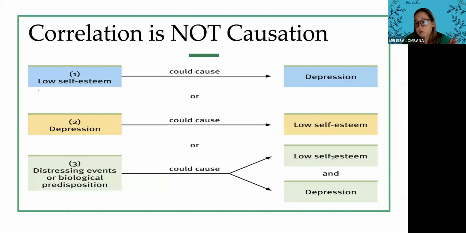So we don't know, right, it's not a cause and effect. The only way, again, that I could do that is through an experiment. This is just telling me that there is a relationship between these two variables, and that is it.